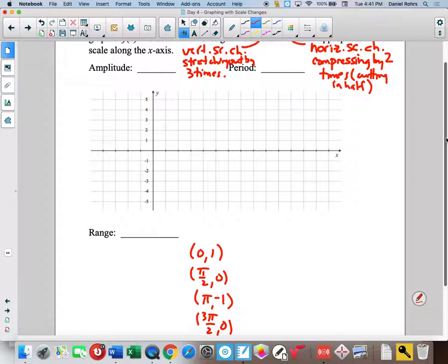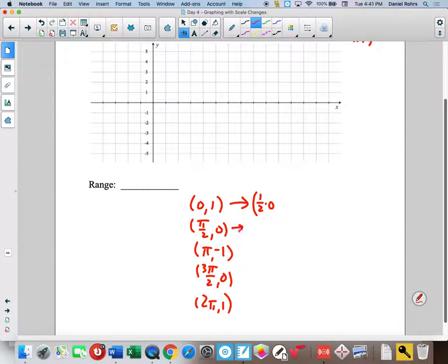What happens here is that we're compressing the x values by twice as much, or cutting them in half. So what I'm doing is multiplying the x values. I'm going to do this so you can see it since I'm not here. I'm multiplying all the x values by half.